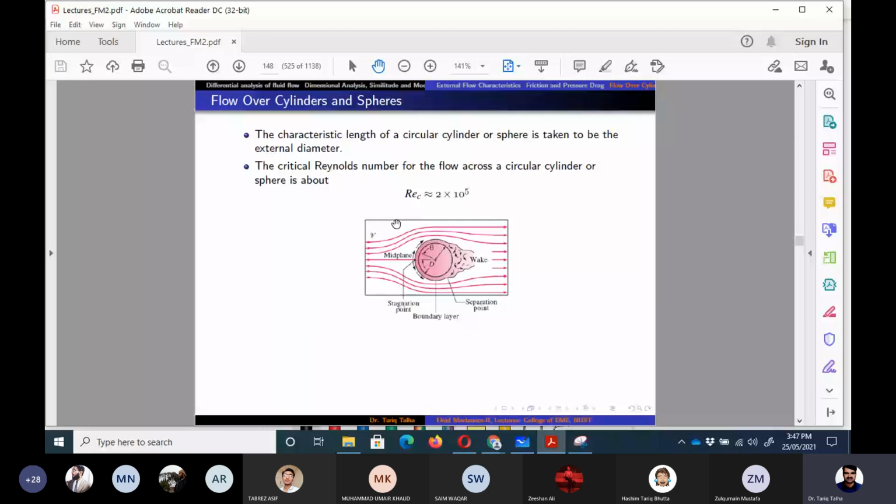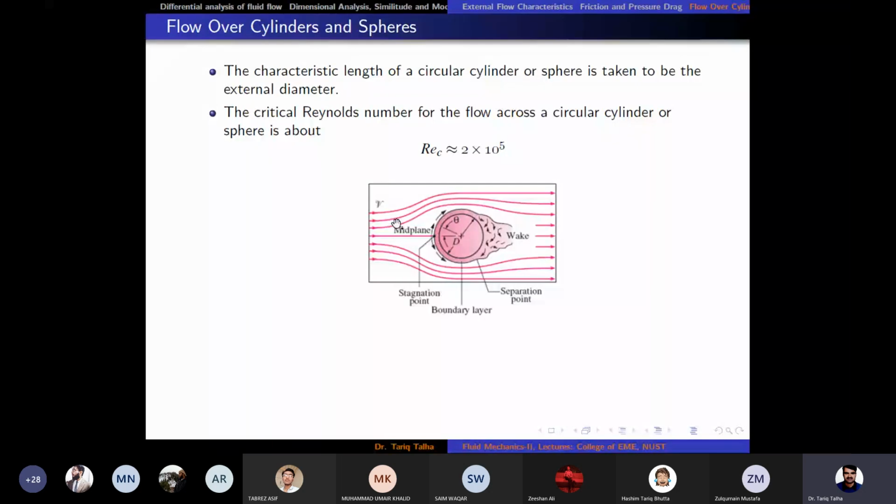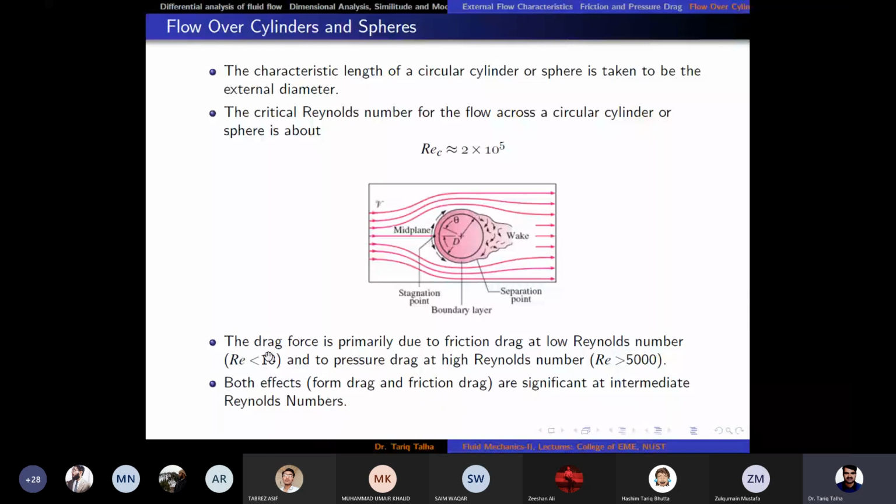The predominant drag component would be friction drag when the Reynolds number is less, and when the Reynolds number is more, then the dominant component of drag would come from pressure drag. So both effects, pressure drag and friction drag, are significant between 10 and 5,000.